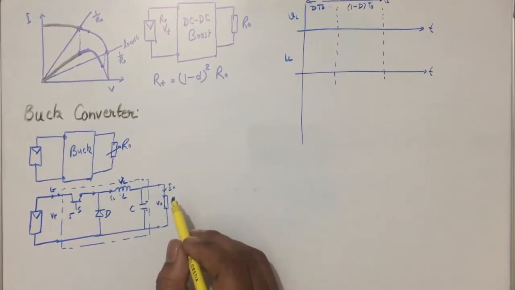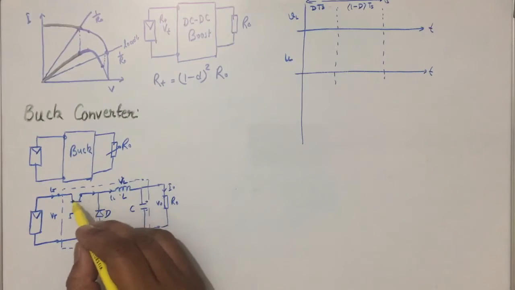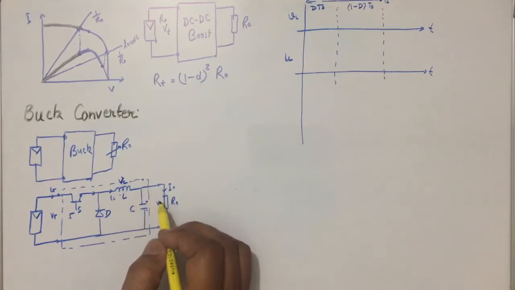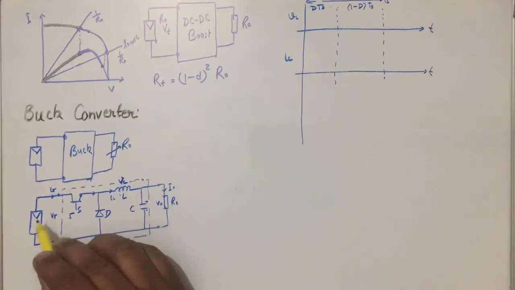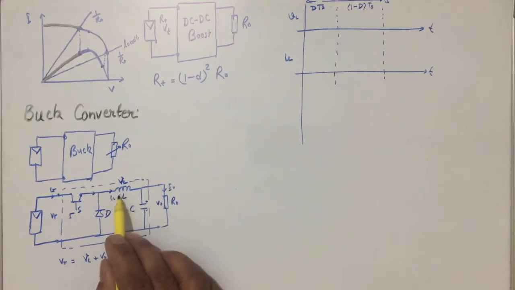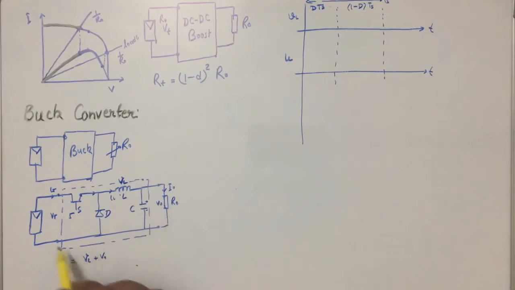So during the on condition, the current flowing from here follows this path and completes like this. During the on condition, Vt will be equal to VL plus V0. Charging, this voltage plus this voltage will be equal to this voltage.